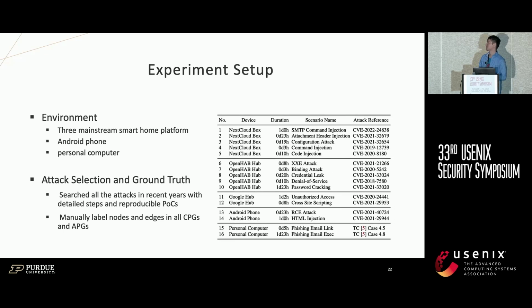These are the 16 attacks we ran on the 5 devices. For the personal computer, we reuse the attack script from the DARPA Transparent Computing program. For the rest of the IoT devices, we use the provided reproducible POC.